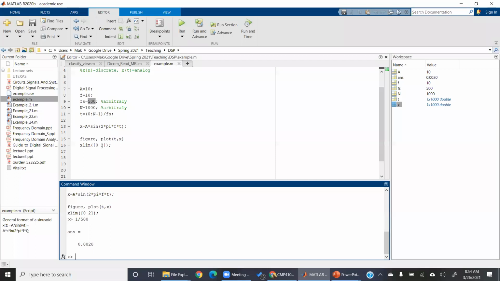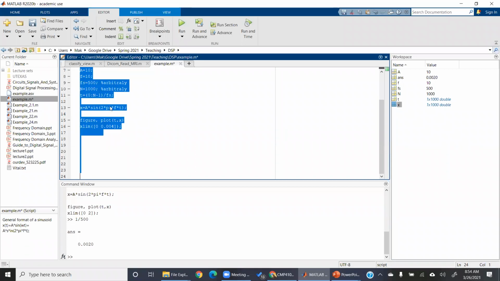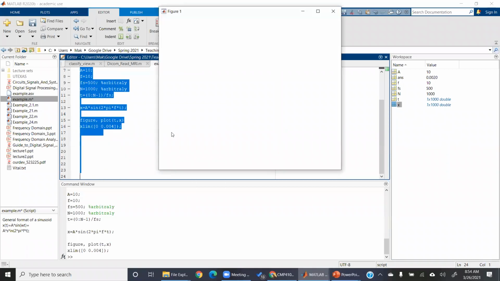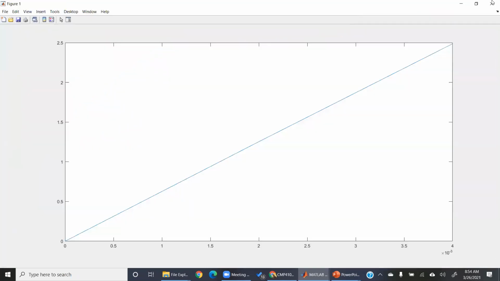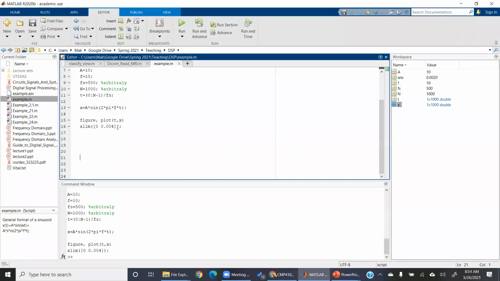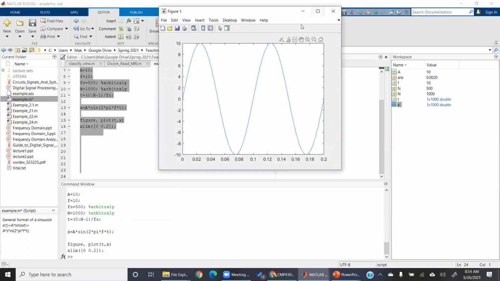So if I had wanted to display only, let's say, 2 periods, I could just clip this to 0.004, and that will display. Oh, no, no. Absolutely not. I take that back. 0.2.